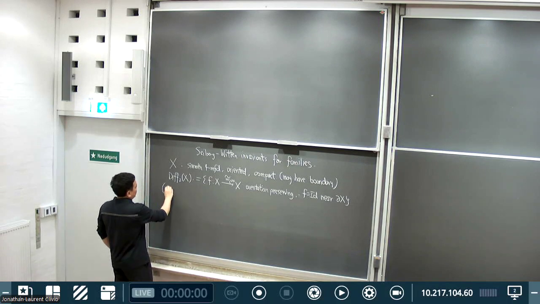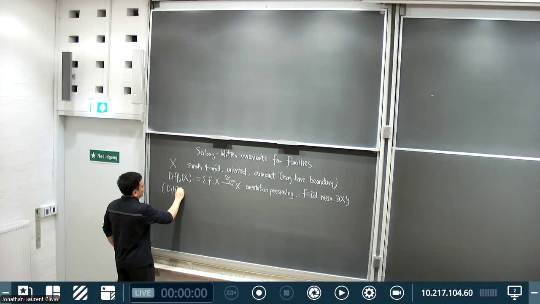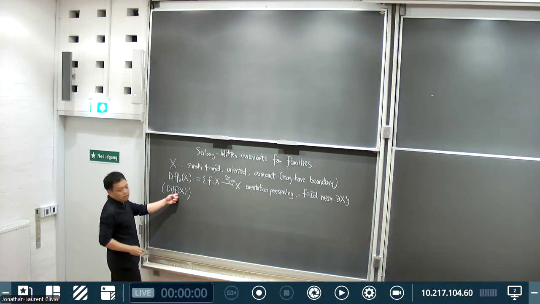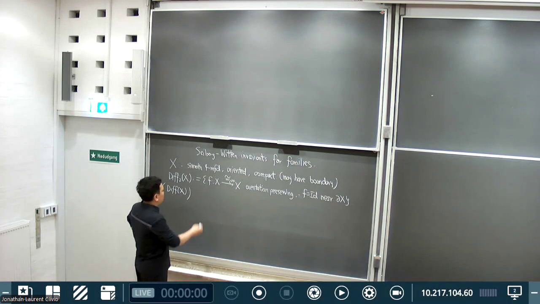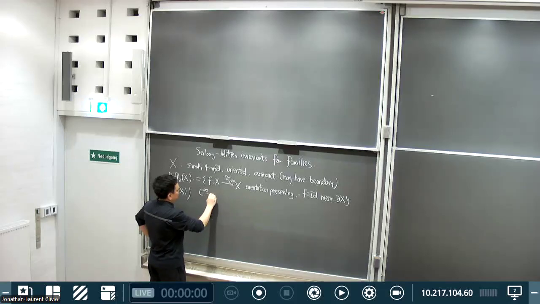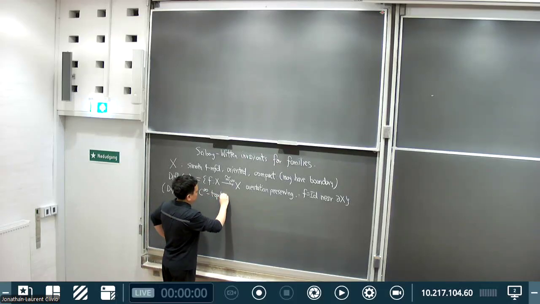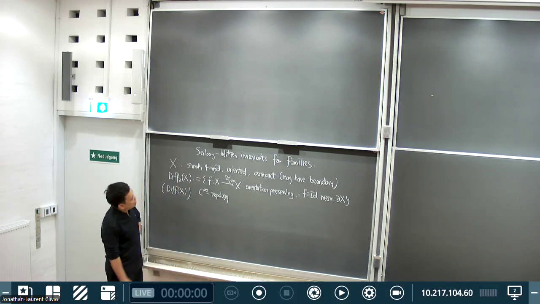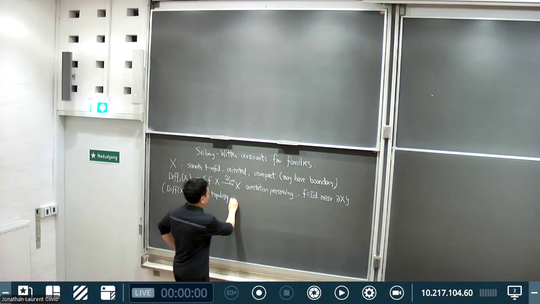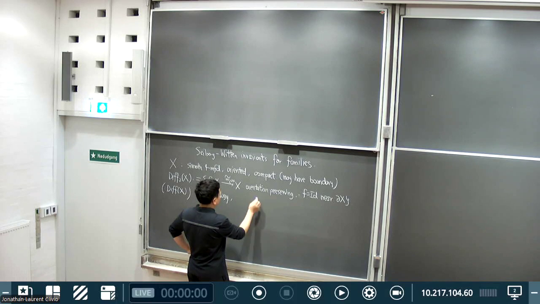Where X has no boundary at all, we just ignore this condition. And we equip this with the smooth topology. This will be a topological group, and we want to understand it.